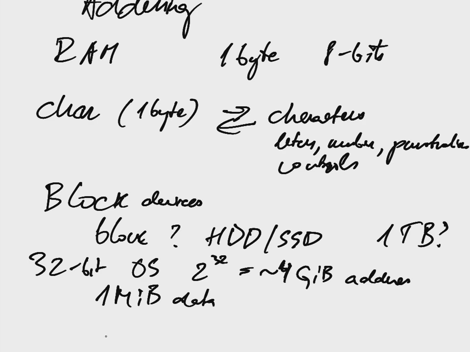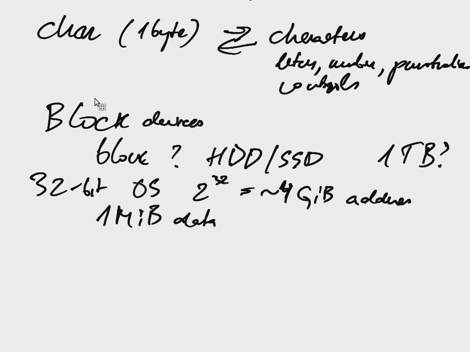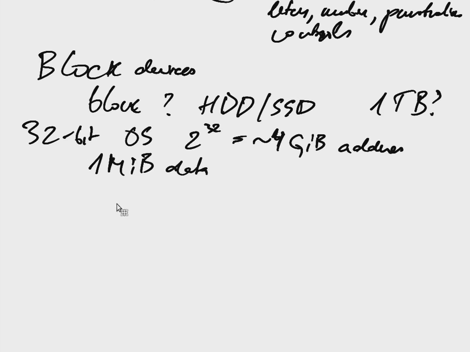So that means that the smallest amount of data you can read or write from your block device, like a hard disk, is 1 megabyte of data. And if you do not have many files, like legal or illegal movies on your 1 terabyte disk with your 32-bit operating system, then that's okay, because you will have many megabytes in a single file.